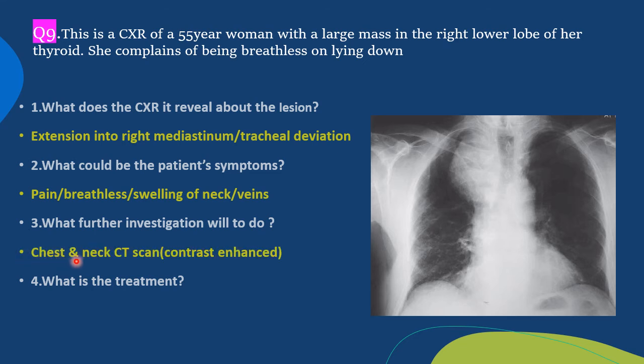Chest and neck CT scan with contrast enhancement to give you more details of the pressure symptoms that the patient is facing. What is the treatment? Thyroidectomy followed by radiotherapy or radioiodine ablation.